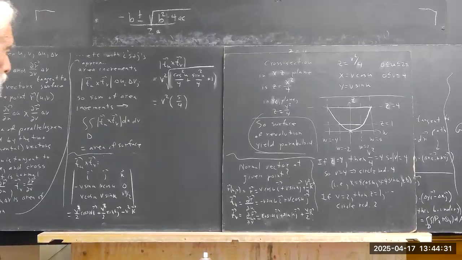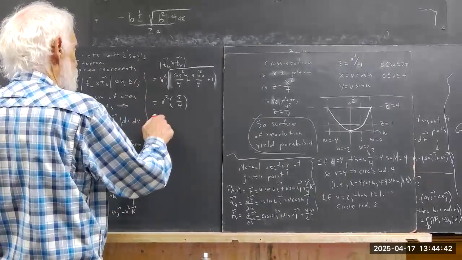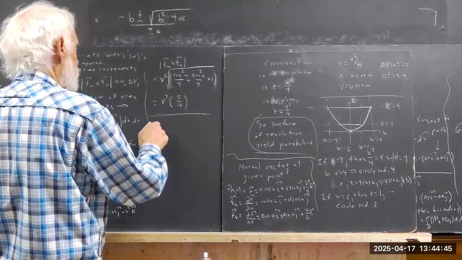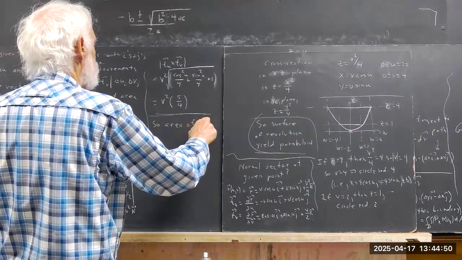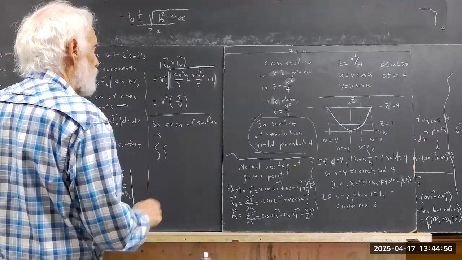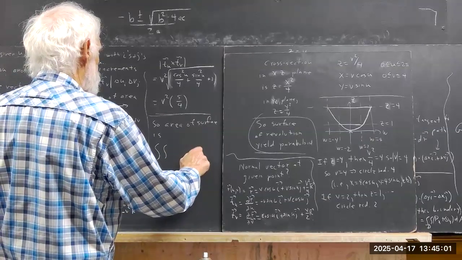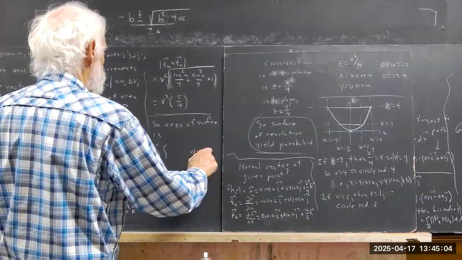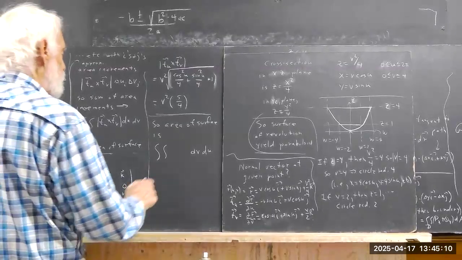And it's v squared times 5/4 if I've done this correctly. Not up to the errors and follow the procedure, but the area is the integral with respect to v and u.